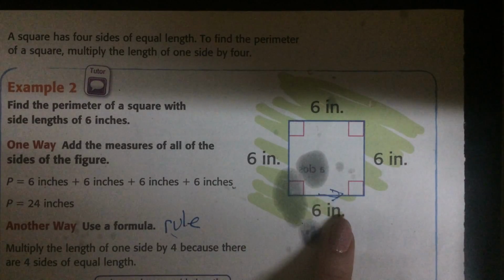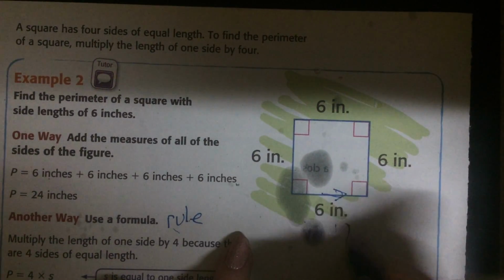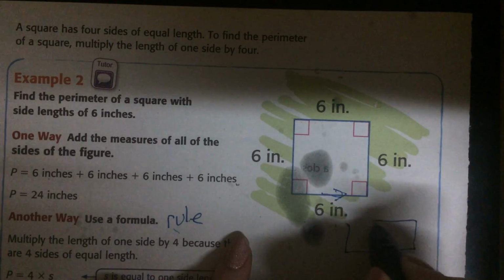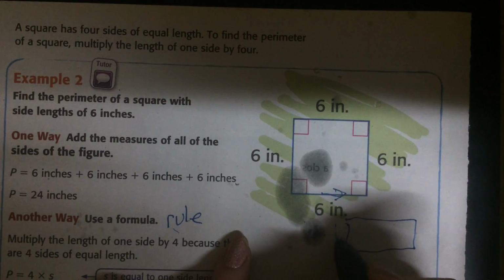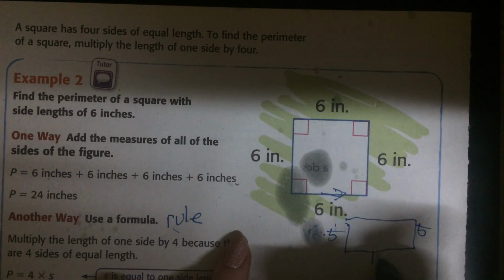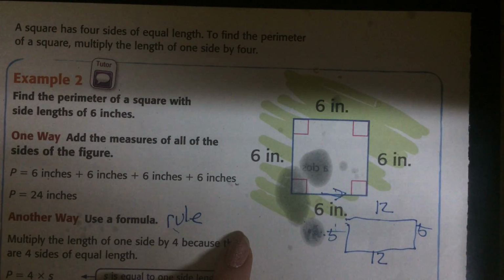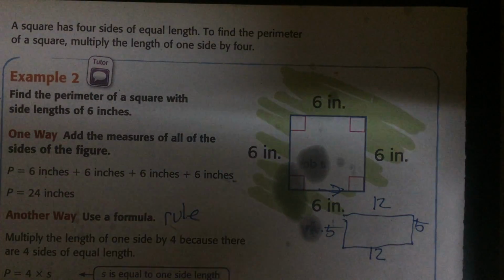This only works because it's a square, which means it has equal sides. For a rectangle, that will not work, because maybe this side is 5 and this side is going to be much longer, 12. Okay, see you in class.